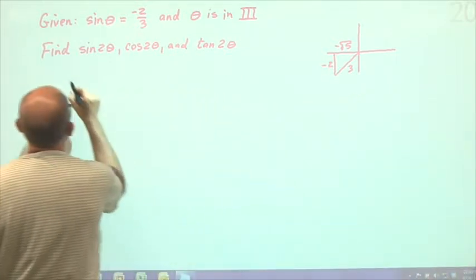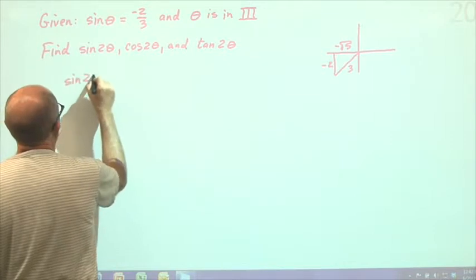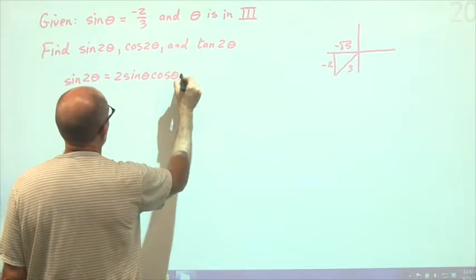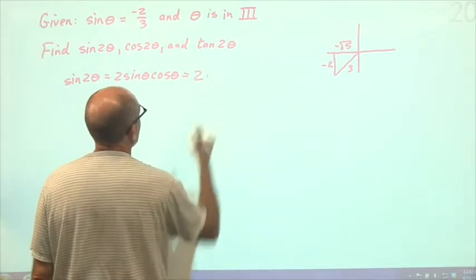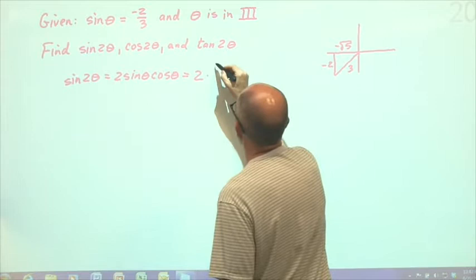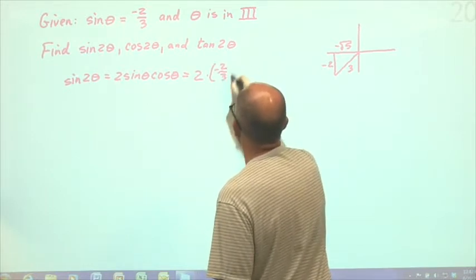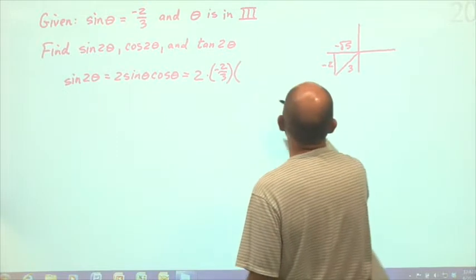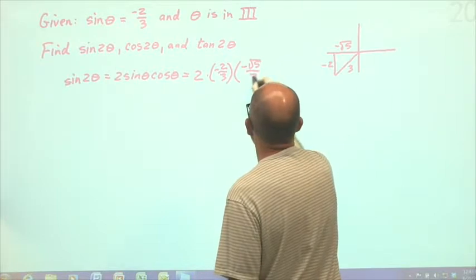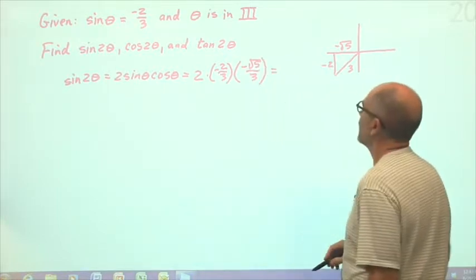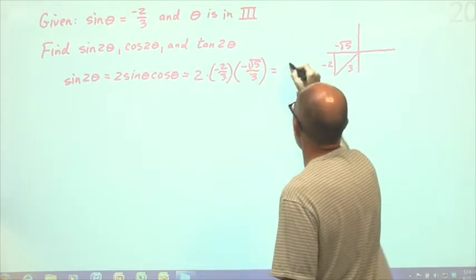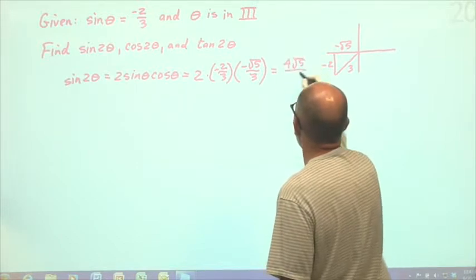So sine 2 theta equals 2 sine theta cosine theta, which equals 2 times sine theta, which is negative 2/3, times cosine theta, which is negative square root of 5 over 3, so the final answer is going to be negative times negative is positive, 4 times square root of 5 over 9.